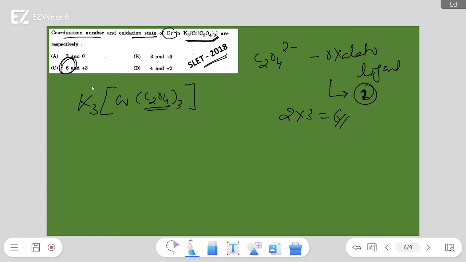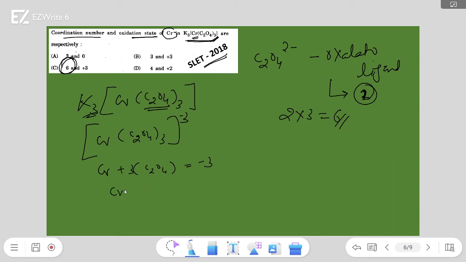You do not have any other option. So this is itself correct, but it will not always be so straightforward. We will also think about the oxidation state. Chromium C2O4 3, as it is K3, I'll write minus 3 on the top. Cr plus 3 times C2O4 is equal to minus 3.